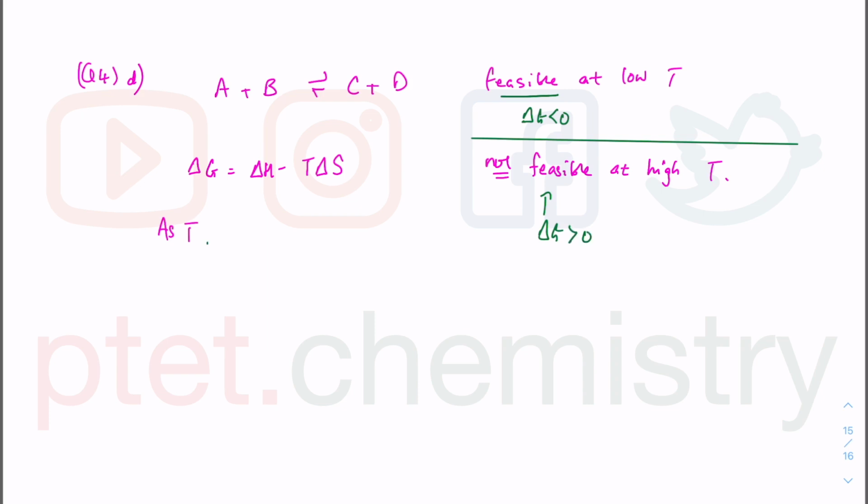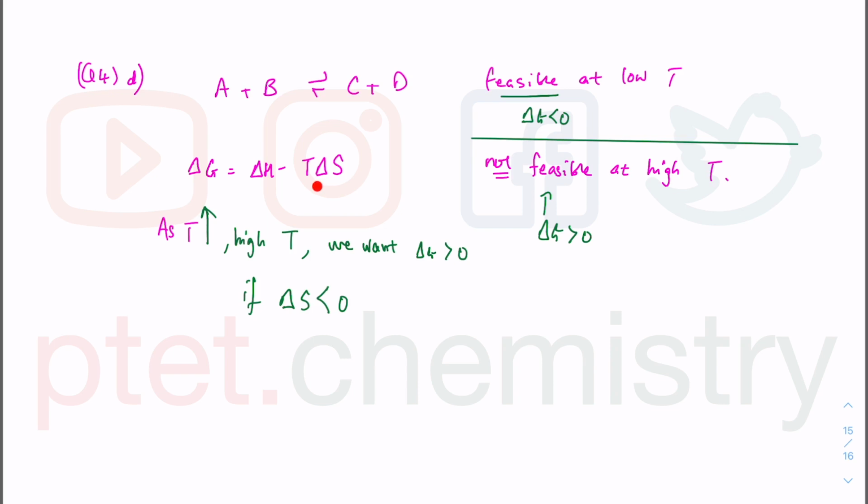So as temperature increases, at high temperature we want delta G to be positive. The only way for it to be positive as temperature increases is if delta S is less than 0.